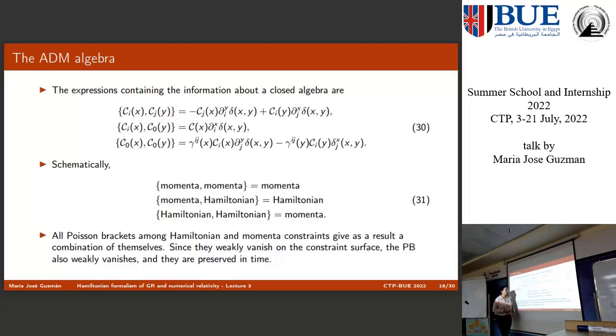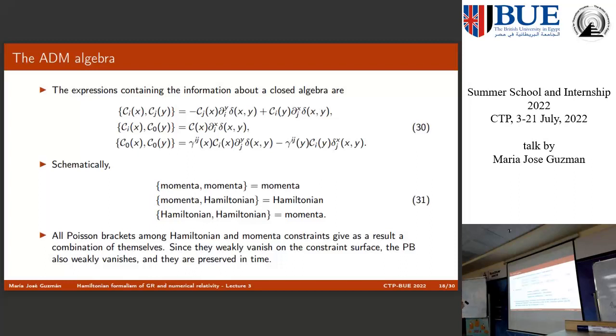You would have expected Hamiltonian, but this is some sort of algebra that is called the ADM algebra. It is kind of strange because you don't always get what you would expect. It's some different sort of algebra, not like the Lorentz algebra or something.